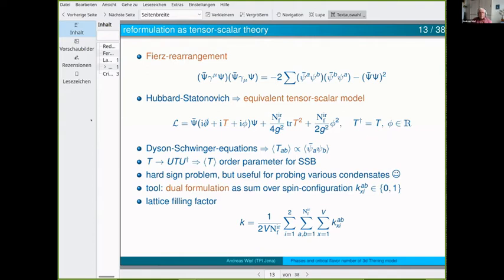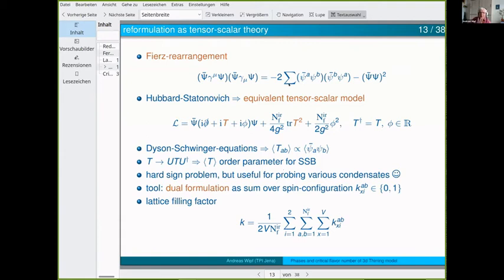Now, from this form of the Lagrangian, you immediately get the Dyson-Schwinger equation, which tells us that the expectation value of this tensor field is related to the expectation value of the bilinears. Now, this model inherits a symmetry if you transform this tensor field in this way, in the adjoint representation. So you see that the expectation of T is an order parameter for the spontaneous symmetry breaking, because again, its expectation value gives you these condensates, these bilinears.